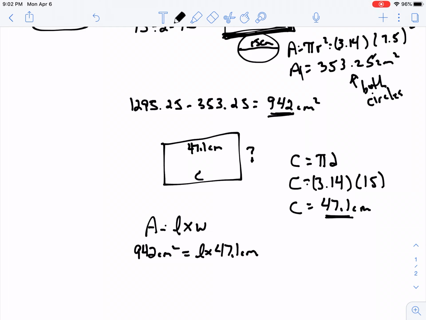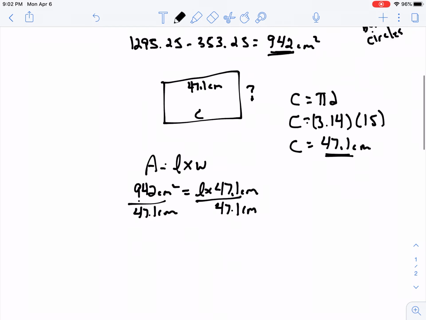So to figure out what that unknown, that question mark, is going to be, all I have to do is say, well, what's the opposite of multiplying something by 47.1? I'm going to use algebra. I'm looking for my unknown, and I'm going to divide by 47.1 centimeters. If I do it to one side, I have to do it to the other.